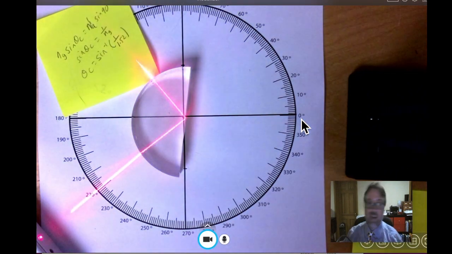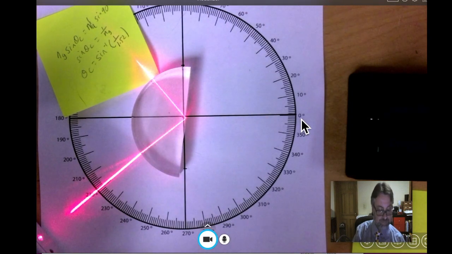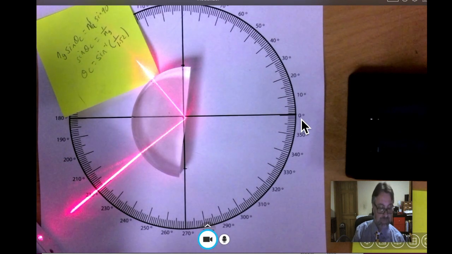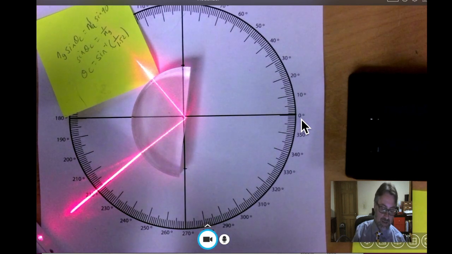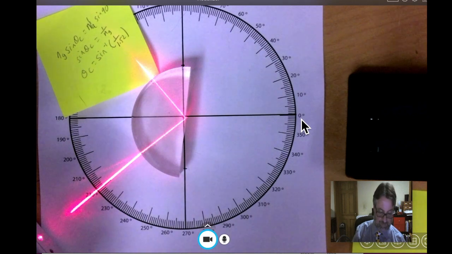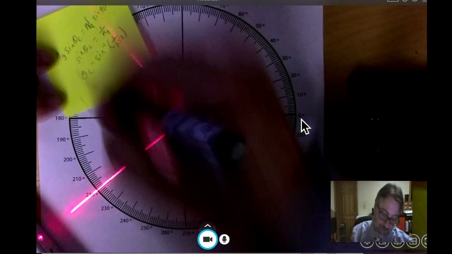Well, I can do that on my calculator. So I have 1 divided by 1.52. Oh, hang on, I'm in radian mode for some reason. There we go. I get that the critical angle here is about 41 degrees.